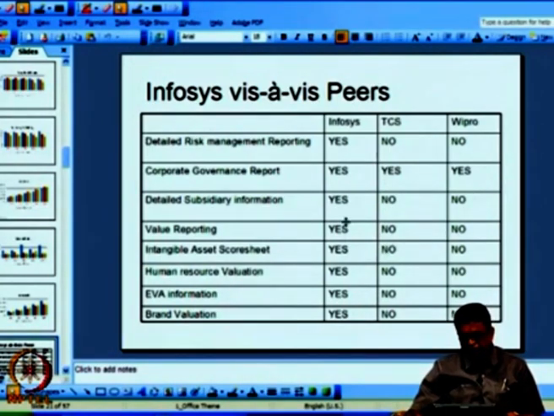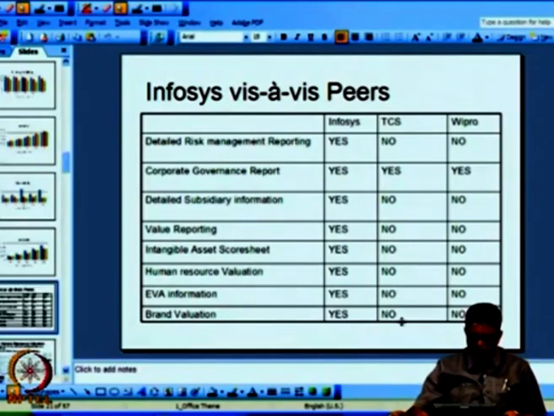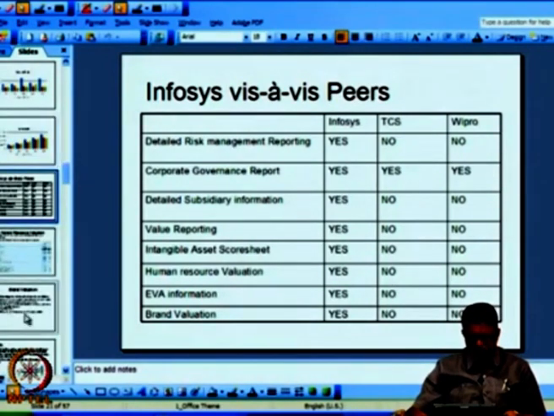Then the value reporting, how much value the company made per employee or whatever, that is also reported by Infosys, but TCS and Wipro no. The intangible assets score sheets again reported by Infosys, not by TCS and Wipro. Similarly, the human resource valuation, the economic value added information and the brand valuation, all these are reported by Infosys.